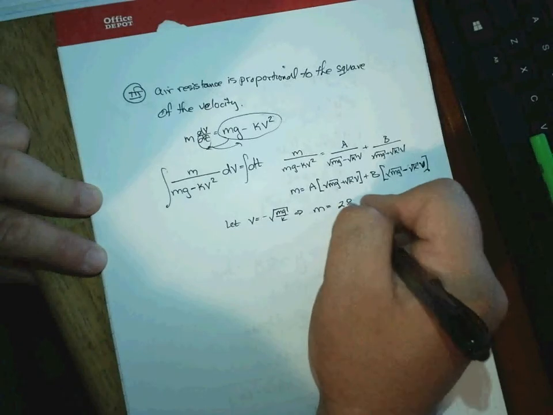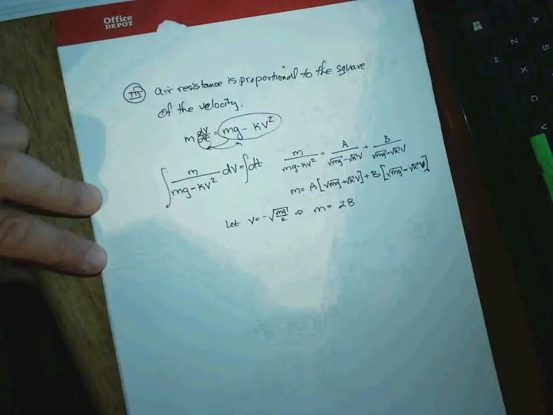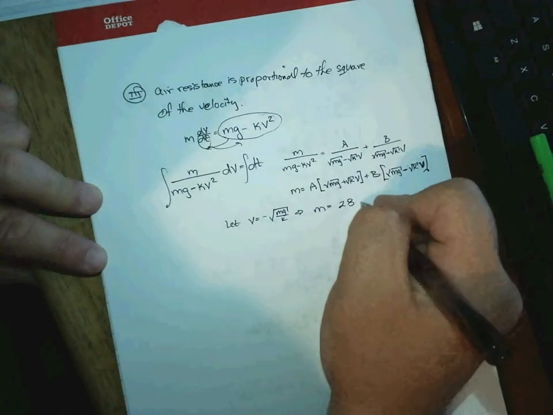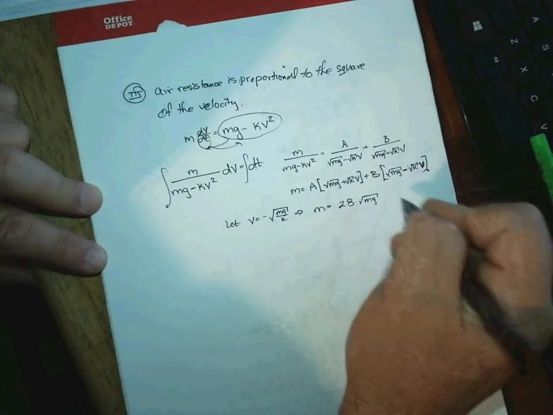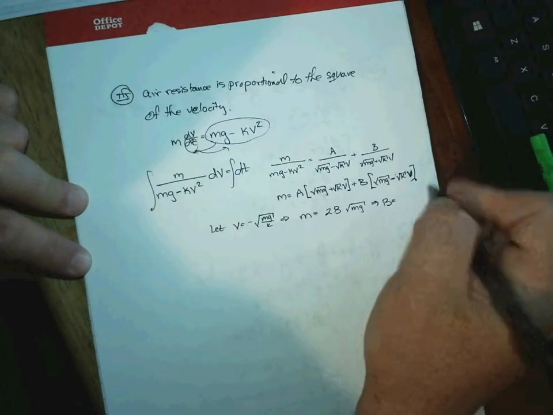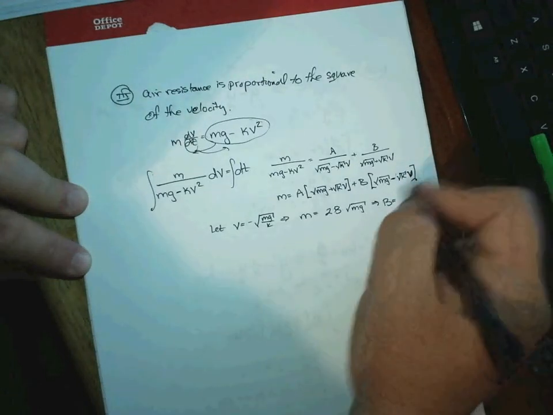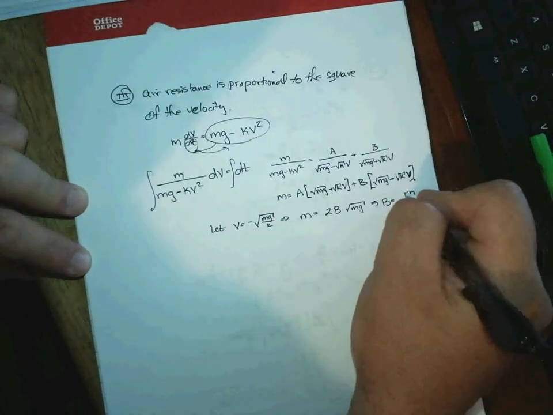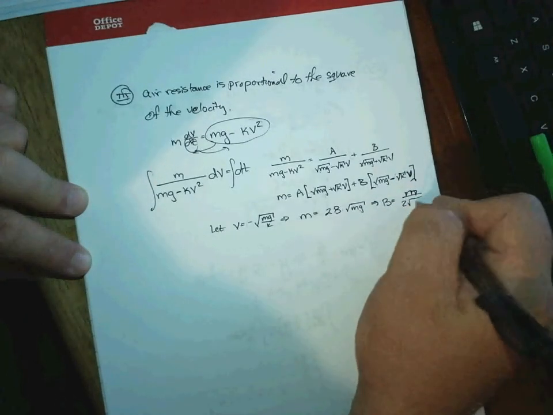On the left-hand side, you get m. On the right, this canceled, you get 2b, right? Times the square root of mg. So that means that b is this m divided by 2 root mg.